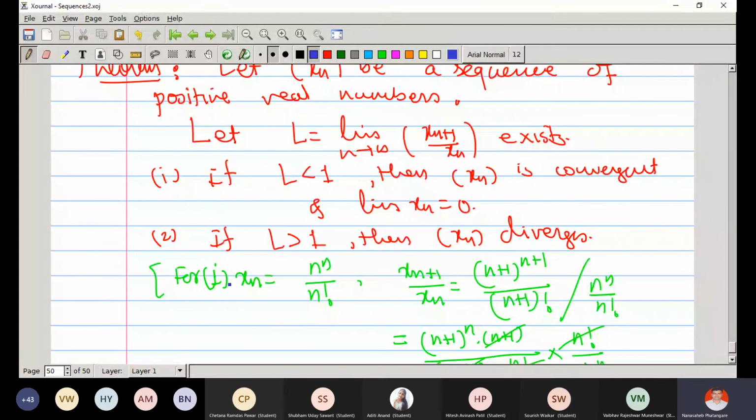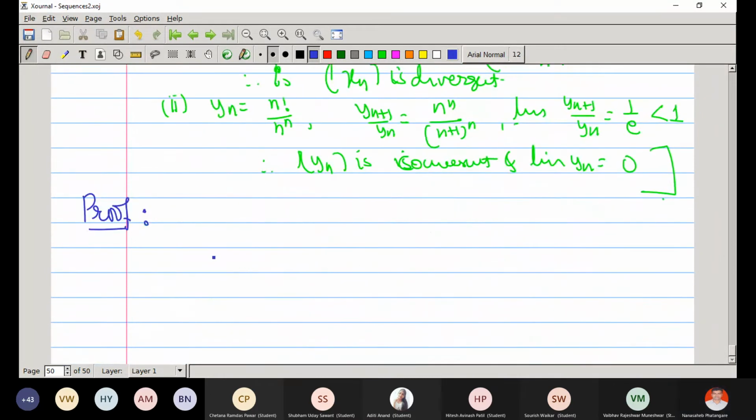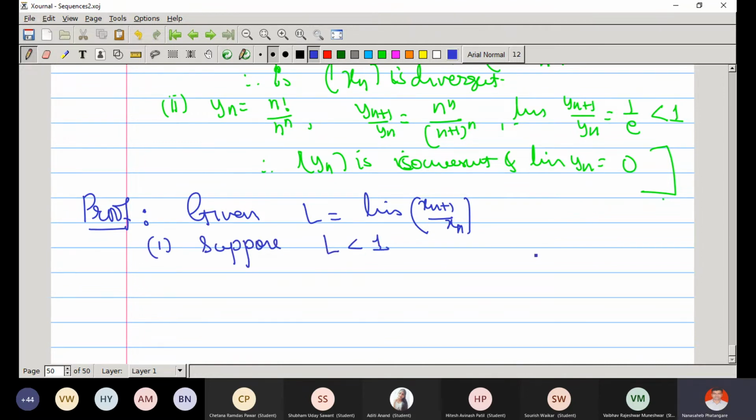Right, so how to prove it? How to start the proof? Okay, what is given? Given that L is equal to limit of xn plus 1 upon xn. Xn plus 1 upon xn is a new sequence, right? Which is constructed using the sequence xn. Suppose L is less than 1. Can L be negative?